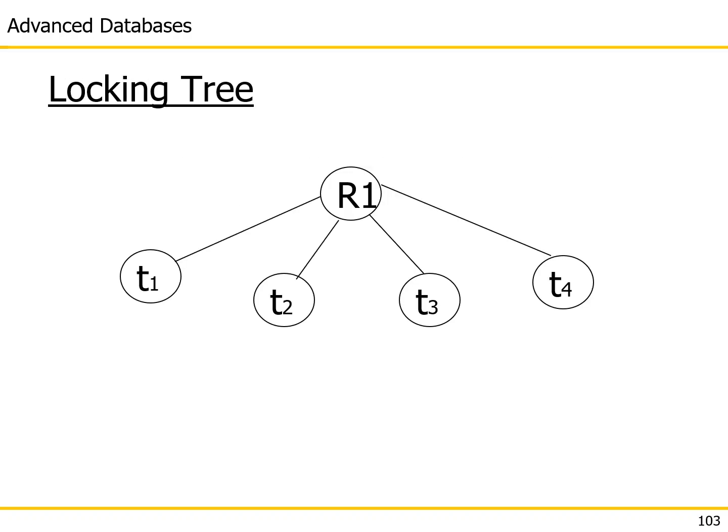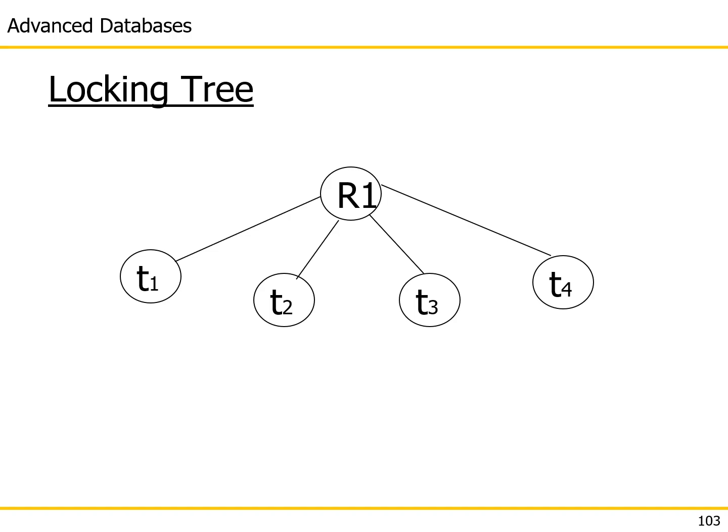Now we come to almost the last topic in this lecture, which is this notion of using a tree to keep track of the locks that were allocated, and to have some kind of granular control on what is being locked.